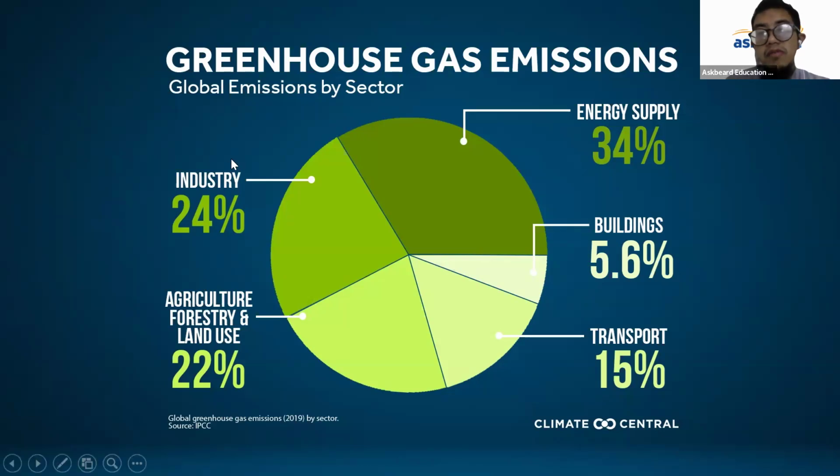The most emitting sector is energy supply because it usually uses fossil fuels, which burn carbon and emit a lot of carbon to the atmosphere. Second is industry, and the interesting one is agriculture, forestry, and land use.